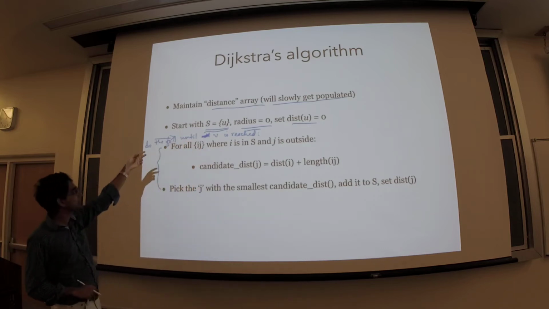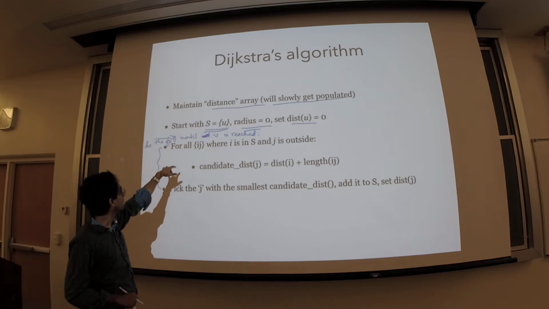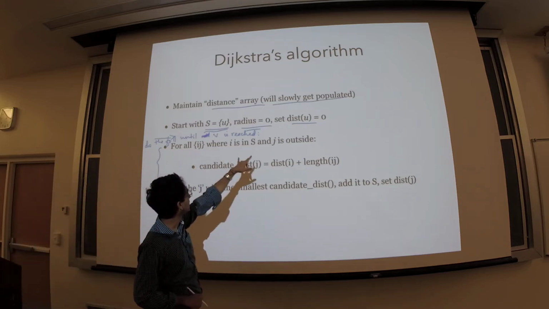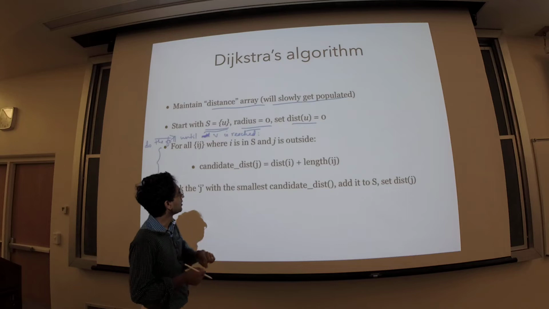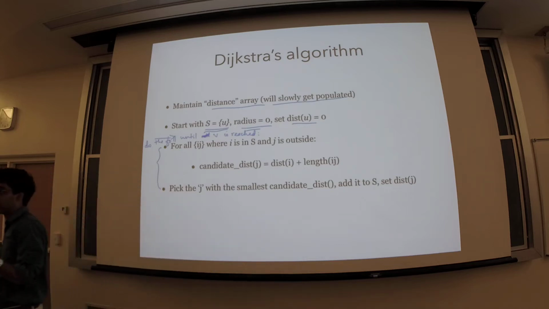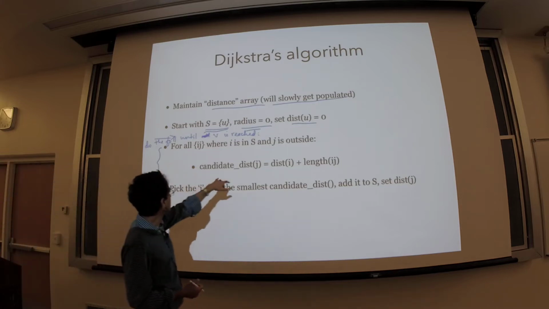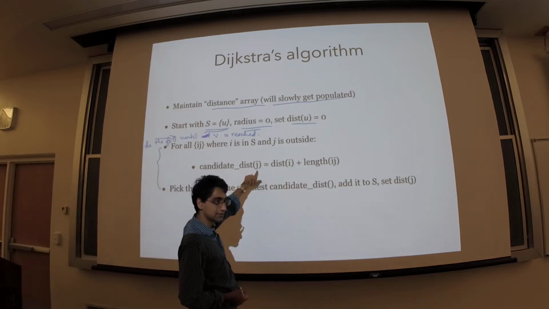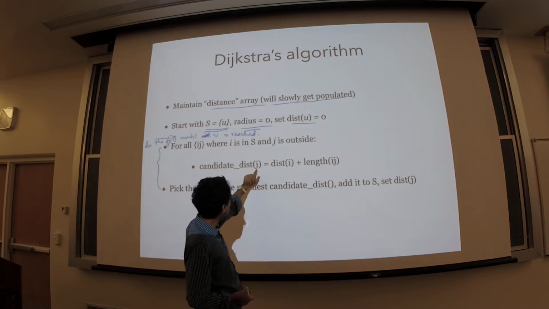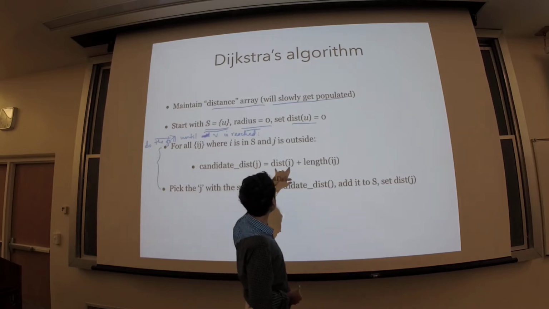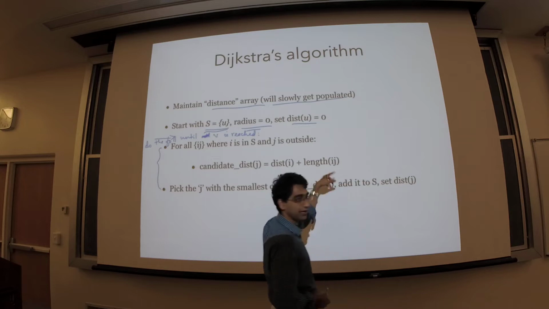And until V actually is reached, you look at all the edges that go out of the current set S. And for each of those edges, you find the candidate distance for this endpoint J. And the candidate distance is the distance to I plus the length of ij.